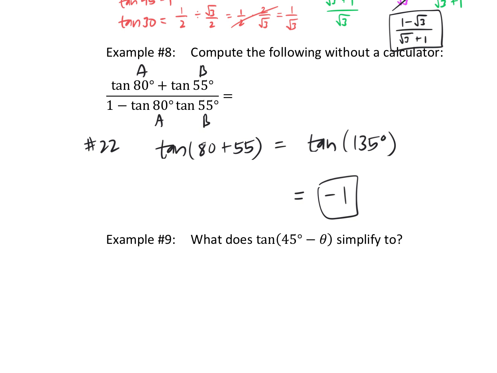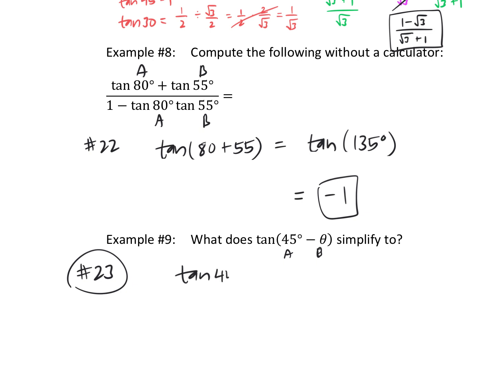All right, last example. What does tangent of 45 minus theta simplify to? So flip it over again. We're going to use number 23 because we're doing subtraction. And I'm just going to write it out and simplify what I can. So this is my A value of 45. My B value is just that theta symbol.